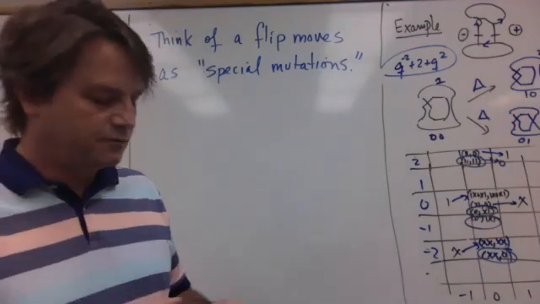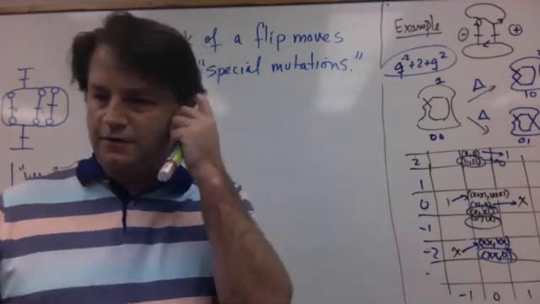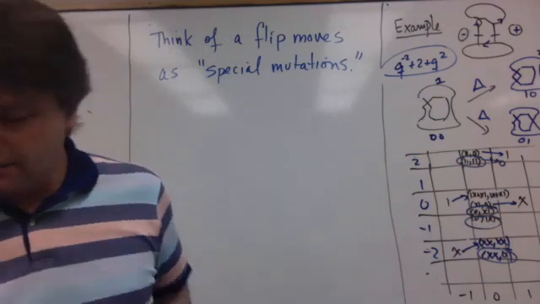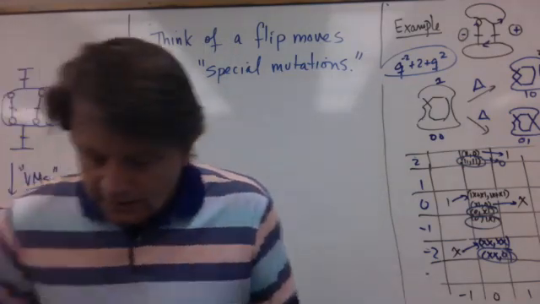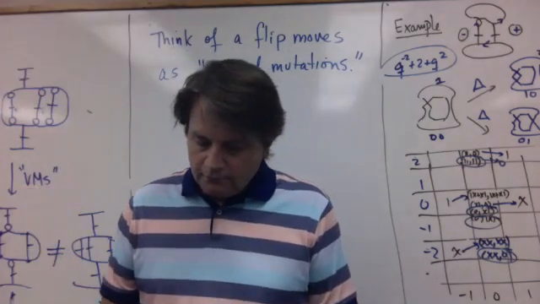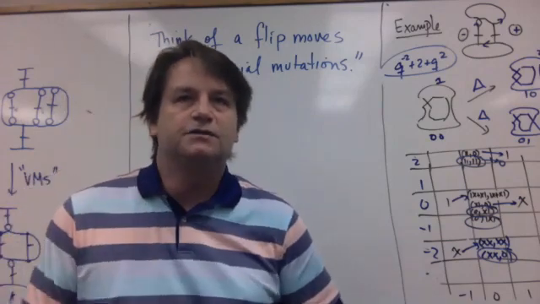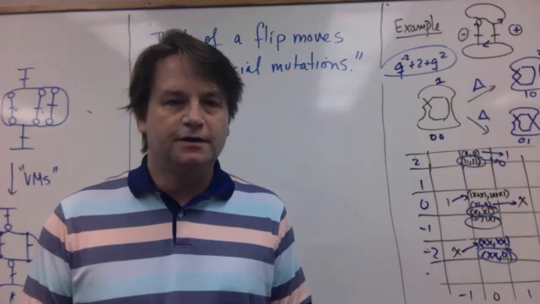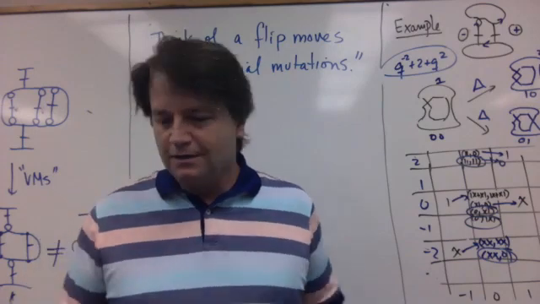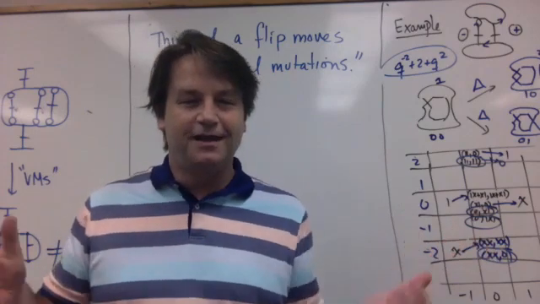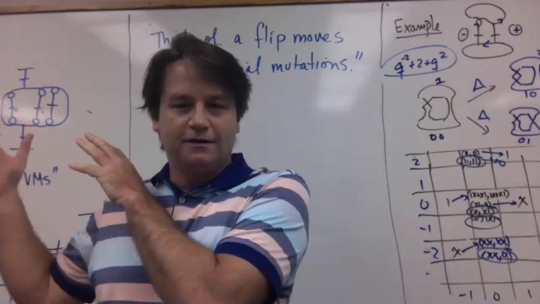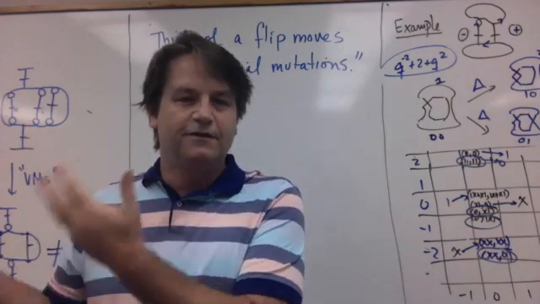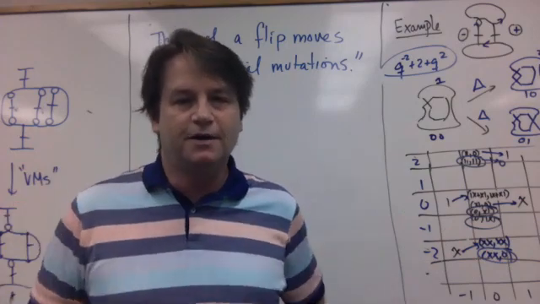And so the way you should think about it, I'll end with this: you should think of trivalent graphs with perfect matchings as sort of being invariant under mutations. And meanwhile, virtual links and graphenes are invariant under Reidemeister moves.